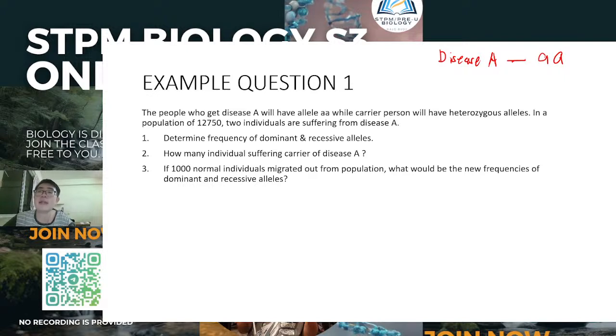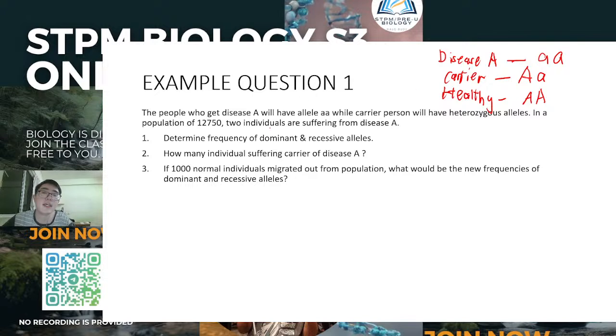A carrier is heterozygous, one capital A and one small a. And a healthy person is homozygous dominant.